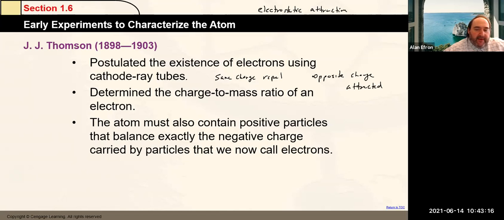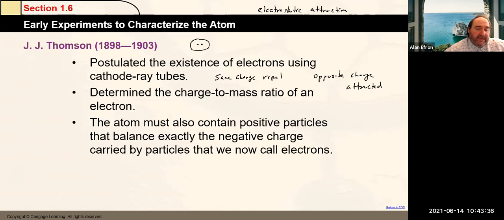So if you have a positively charged particle and another positively charged one, they're going to want to go away from each other. If you have two negatively charged ones, they're going to want to go away from each other. But if you have a positively charged one and a negatively charged one, they would be attracted to each other.